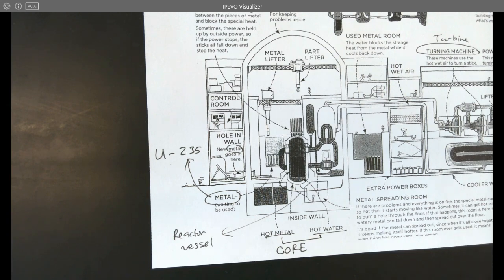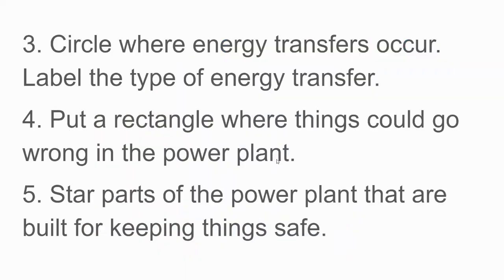Okay, the next thing that I want you to do is look at your diagram. Let's see if I can just minimize that. And do these next steps. So the first thing I want you to do is circle where energy transfers occur. So an energy transfer, remember, is when energy starts as one form and it transfers to another form. So you should have 3 different places where energy transfers are happening in this power building. So work on that.